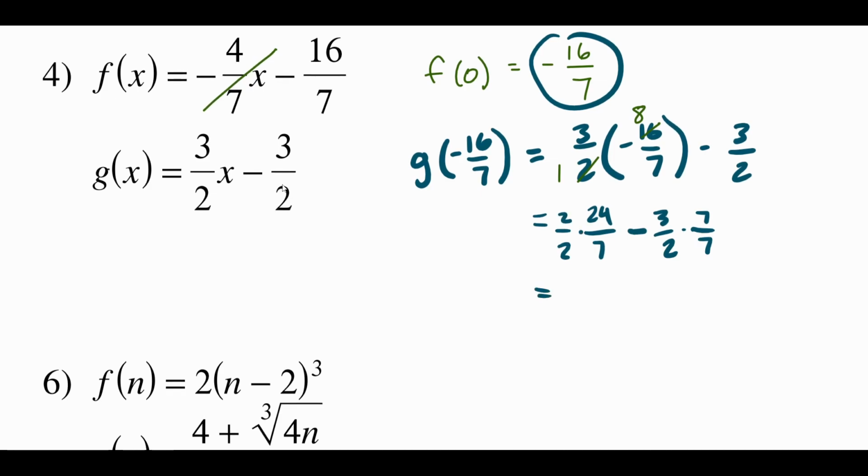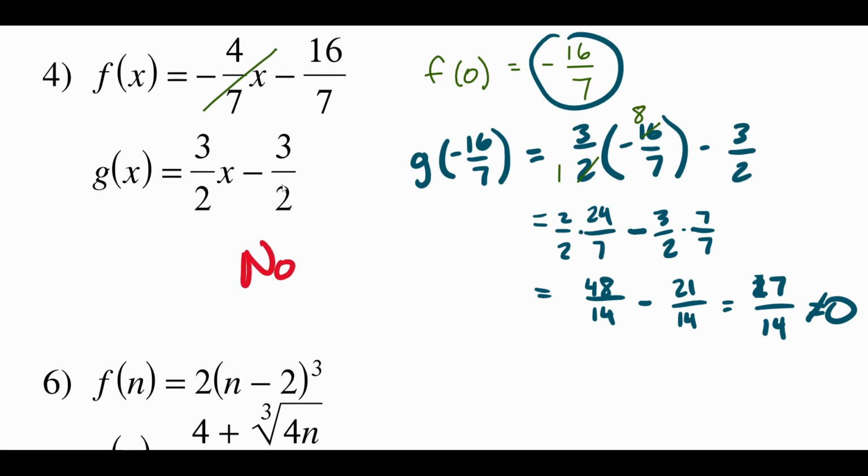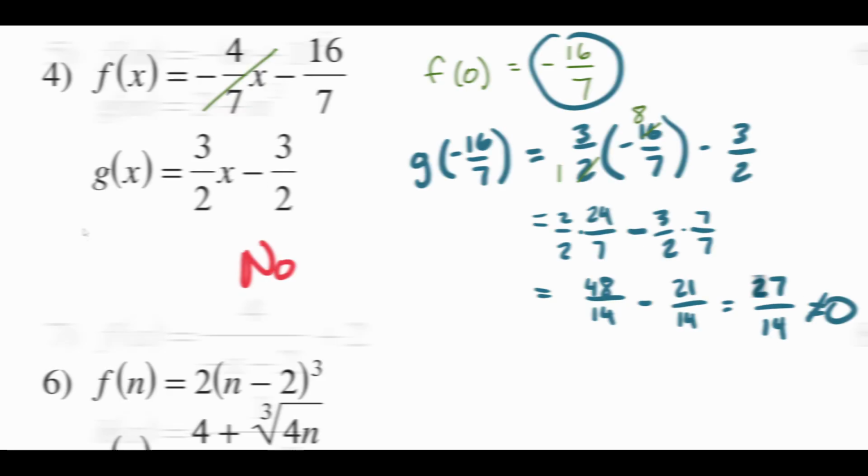So this is going to give me 2 times 24 is 48 over 14. 3 times 7 is 21 over 2 times 7 is 14. Subtracting those, you can see that I get 27 over 14, which again is not equal to 0. Therefore, no, these are not inverses of one another.